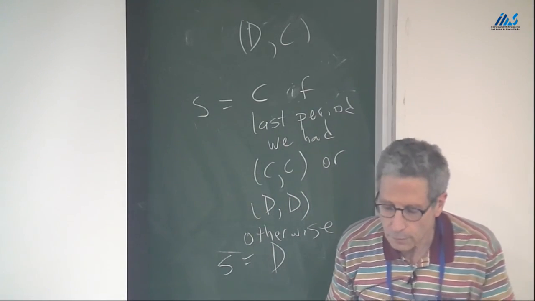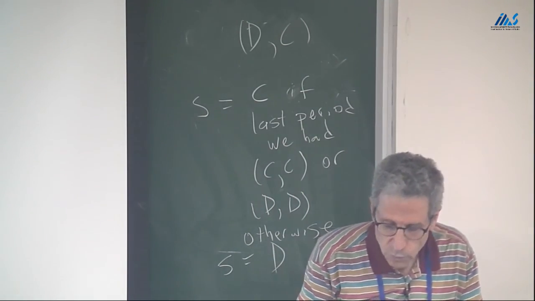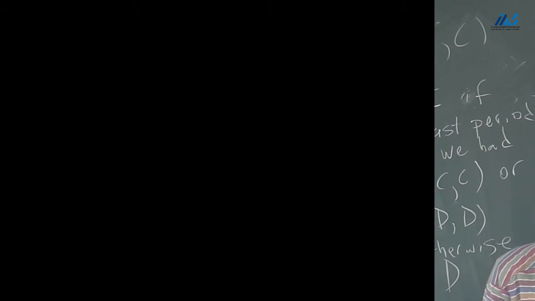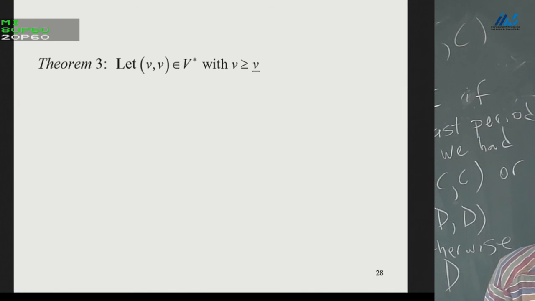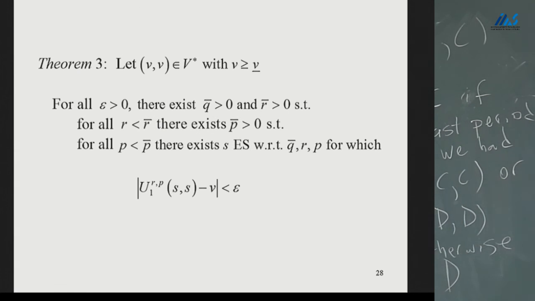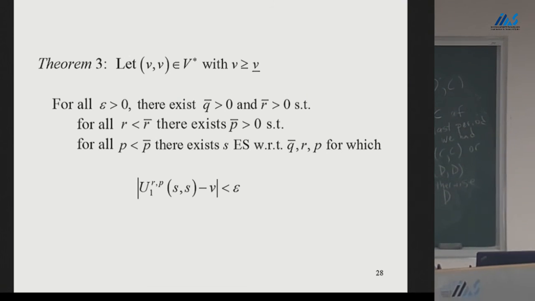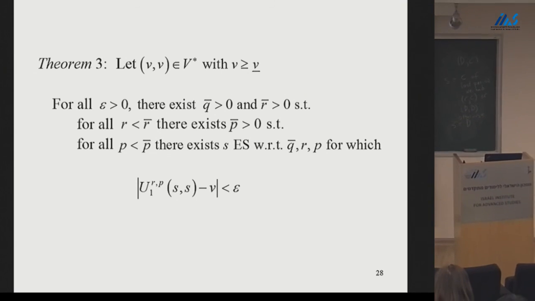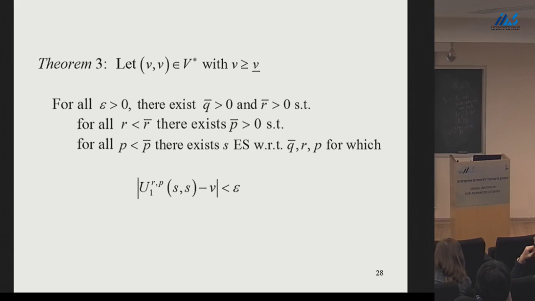Well, I'm running out of time, so let me just state the converse theorem, which says that for evolutionary stability, if we take payoffs that are consistent with strong efficiency, that is, both players are getting at least v lower bar, then we can construct an evolutionary stable strategy which attains those payoffs.